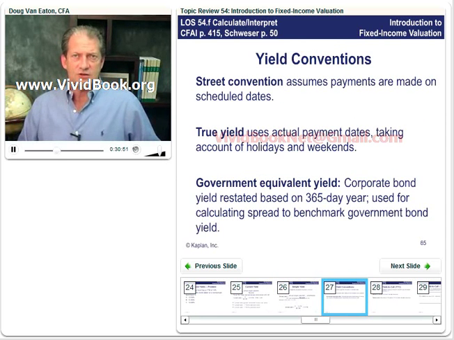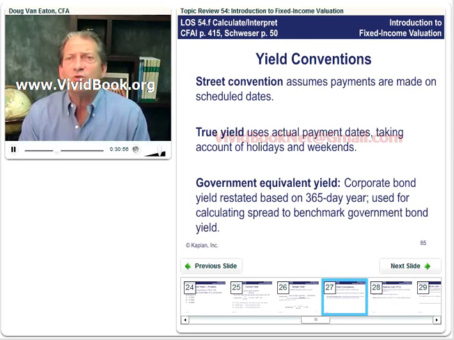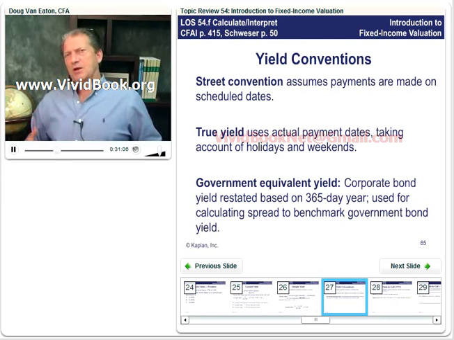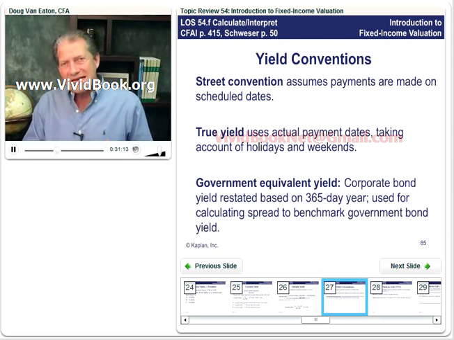Yield conventions. So far, we've assumed payments are made on their scheduled dates, and that's called the street convention. The true yield actually uses the dates where the payments are going to be made. So they won't be made on weekends, right? Banks aren't open. No payments on Saturday. If a payment's scheduled on a Saturday, it's going to come on Monday.